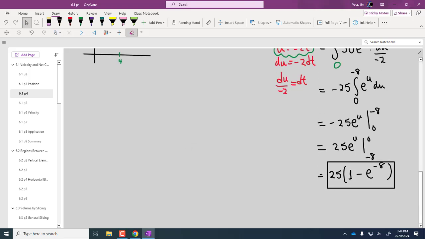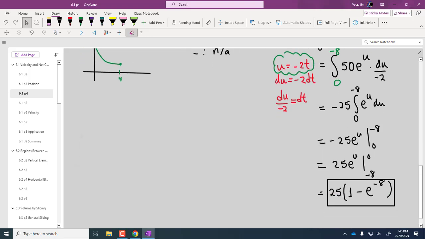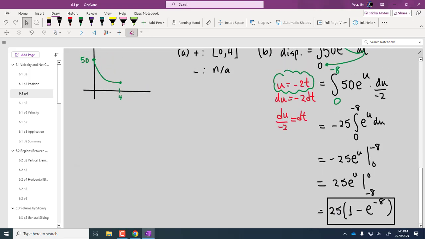So that is what we were looking for. All that work was to get the displacement, antiderivative on the interval. That's it. That's displacement. Now, using substitution, it's not hard, but there's a lot of steps there.